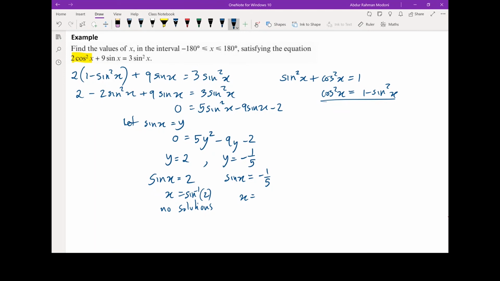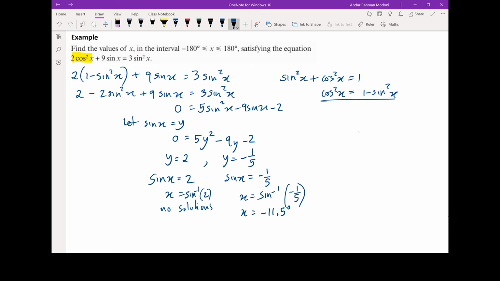So x is equal to sine inverse of minus a fifth. And that gets us x is equal to minus 11.5 degrees. And we're not finished here. We need to go and find all the solutions.